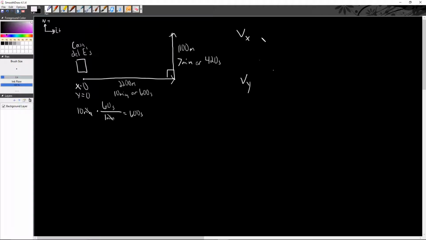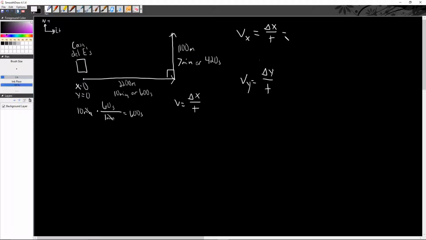So last time we learned, when we talked about velocity, I said v equals our change in position, or x, over time, which is going to work really well for our velocity in the x direction. It's going to be our change in our position along the x-axis over time. For vy, it's pretty much the same thing, except we're looking at the change in our y position over time.